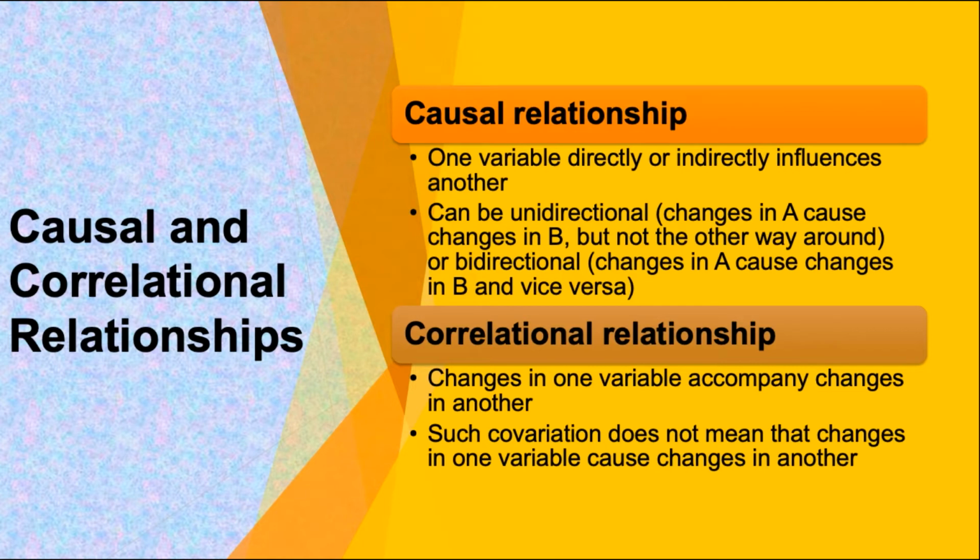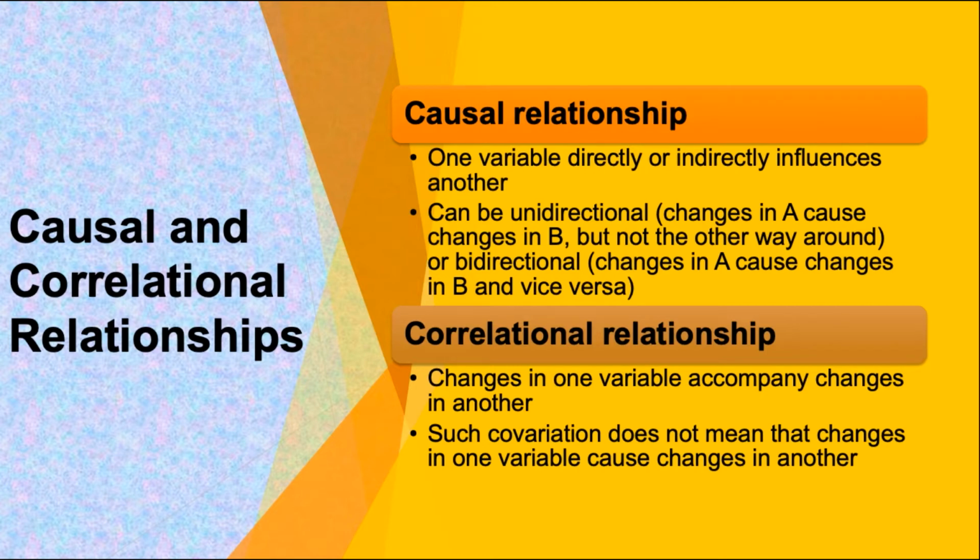Then I would like also to emphasize that simply observing that changes in one variable tend to be associated with changes in another is not enough to establish that the relationship between them is a causal one.